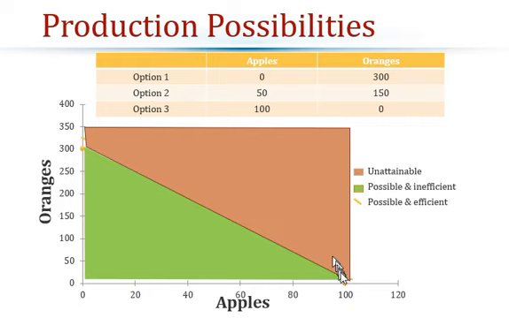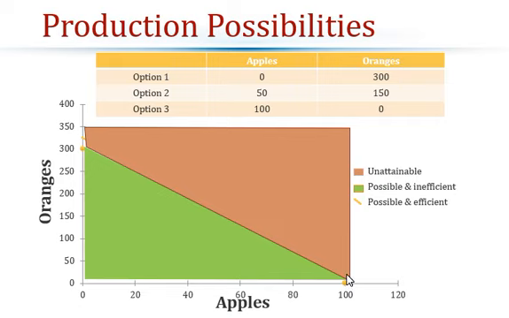And then we could also look at option 3, where we're producing 100 apples but 0 oranges. That's going to be down here in the bottom right of our graph. Okay, so if we connected those 2 points, we're going to get that production possibilities frontier.